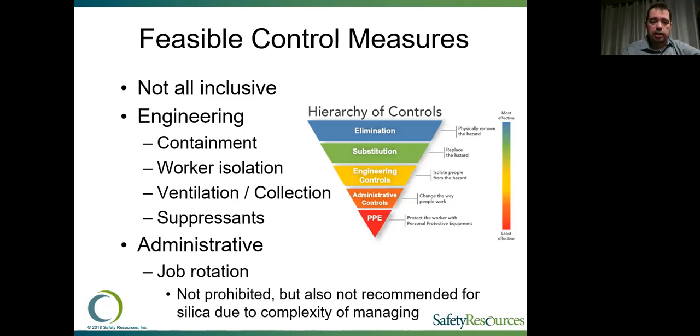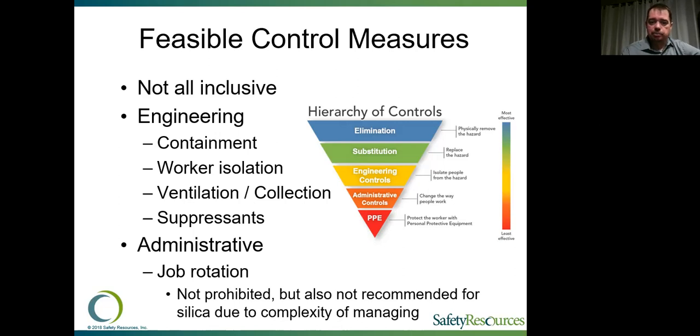One thing that OSHA does mention when we talk about administrative controls is that job rotation isn't necessarily prohibited for exposure to silica dust, but it's also not really recommended. If we're trying to outline, this employee will limit their exposure to less than 4 hours, or this employee, we're going to handle it this way, that's typically not going to be considered the best way to manage it, because of the complexity with making sure that employee hasn't had so much time on this tool or equipment.